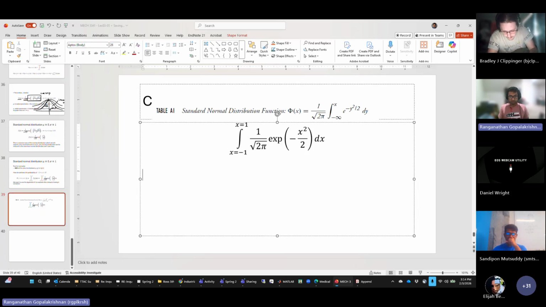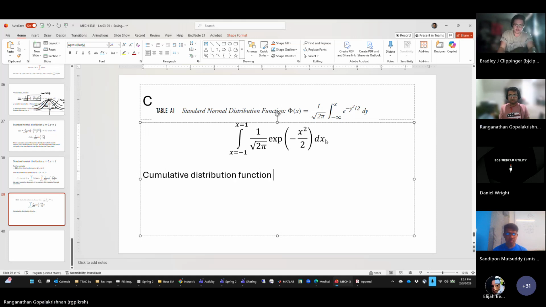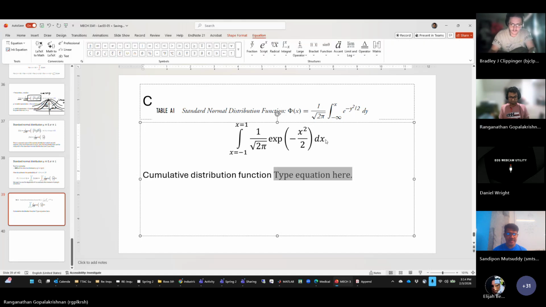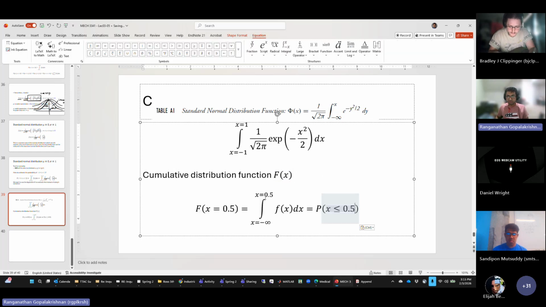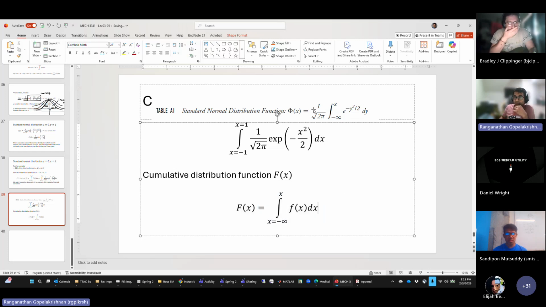So if you think about the cumulative distribution function F of x, what is F of x? F of x is the integral from minus infinity to x of f of x dx. That's what they have tabulated here.